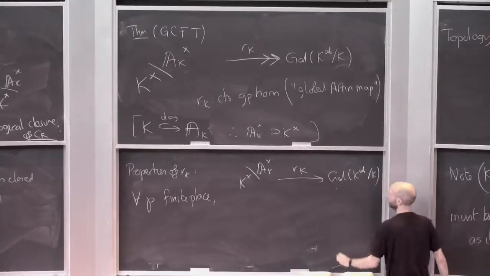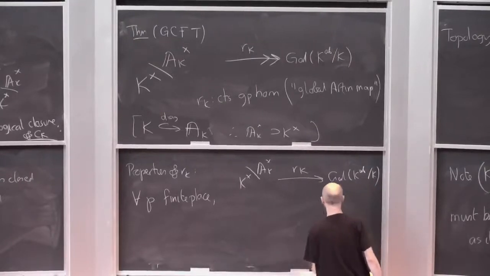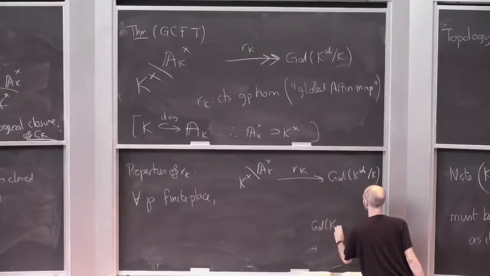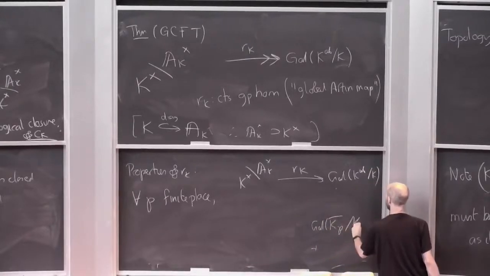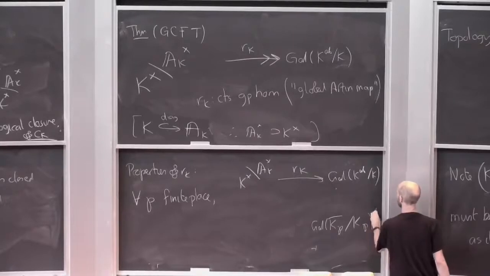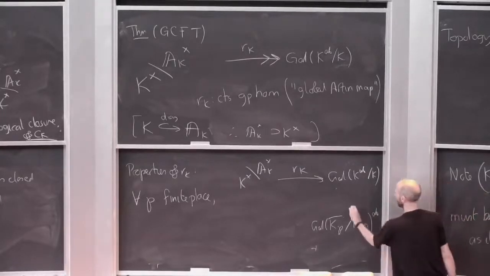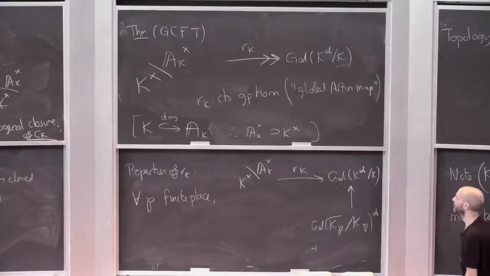K has got some completion, Kv, right? I can look at Gal Kp bar over Kp abelianized. That's the thing we kind of looked at in the first week, and that's going to naturally map to there.